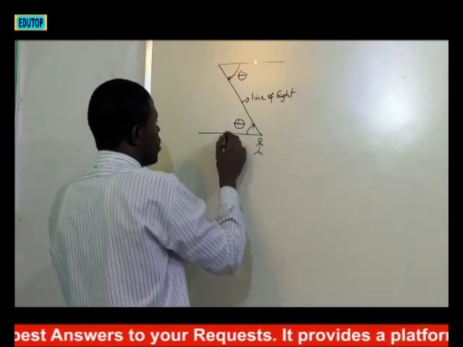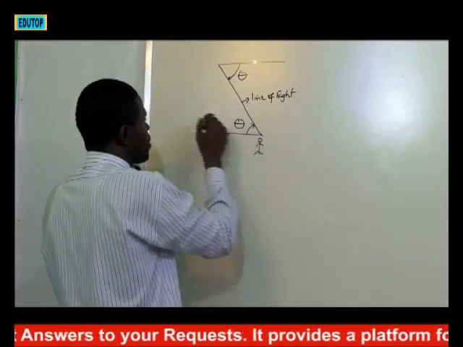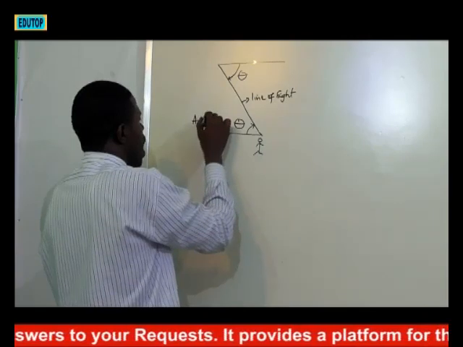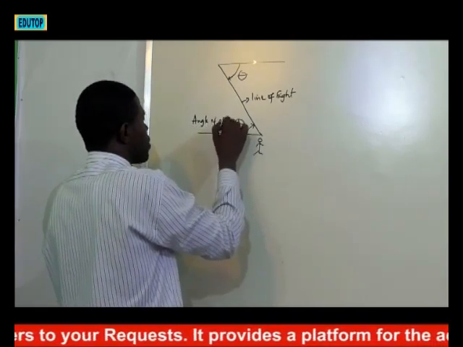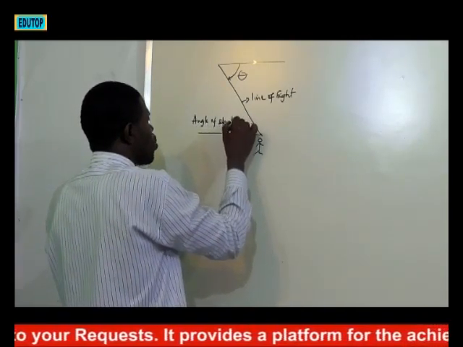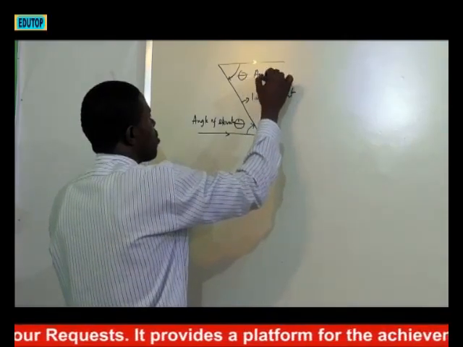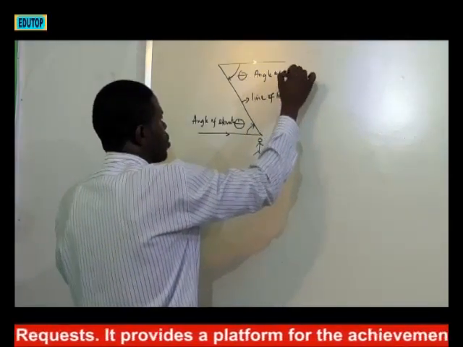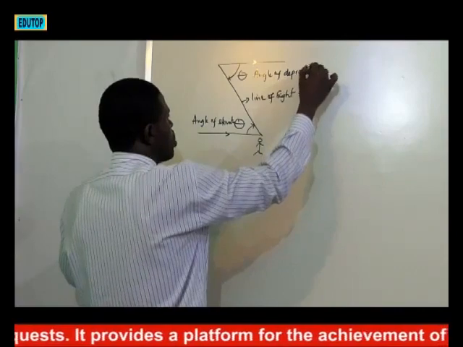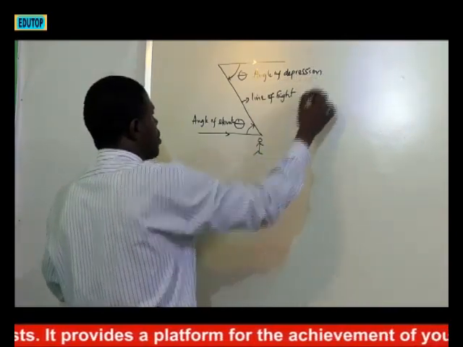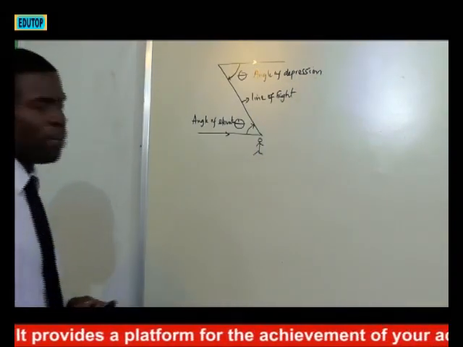That is why we always say this is the angle of elevation, and this one is the angle of depression. So that is the relationship between the angle of elevation and the angle of depression.